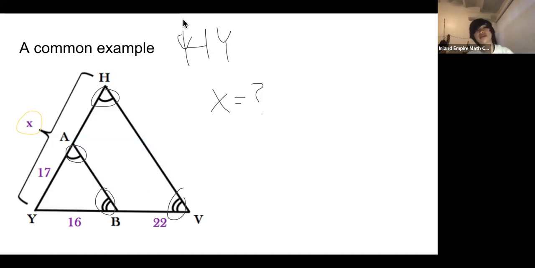Let me type into the chat exactly which types of similarity exist: we have AA, we have SAS, and then we have SSS. So does anyone see which type of similarity we can find here, simply based on the information given?